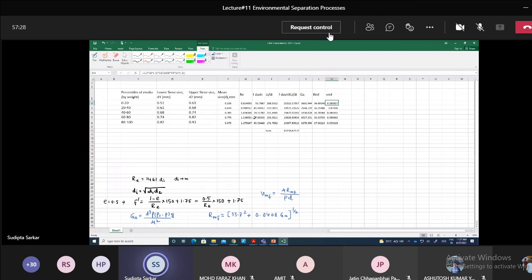So for meter per day you have to multiply with, meter per hour, so you multiply with this 600. So you can see that we have different values for BMF, and you get the highest value of it.